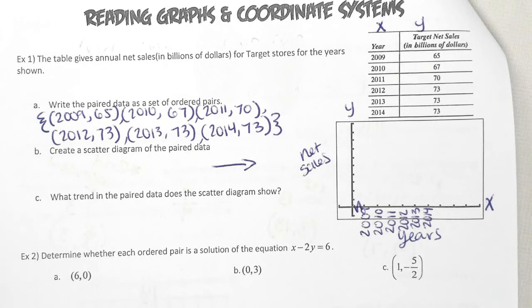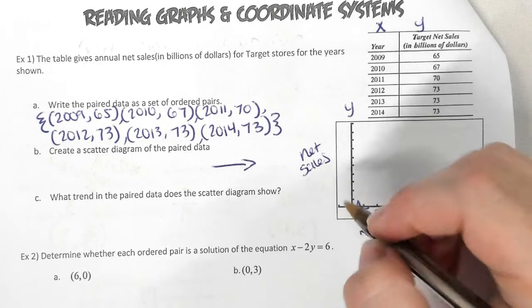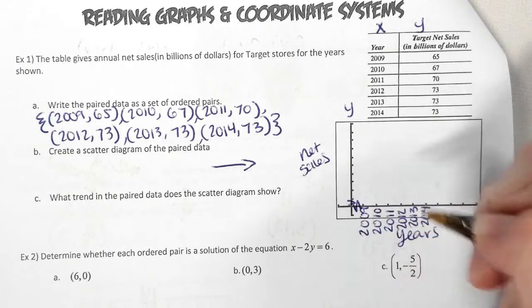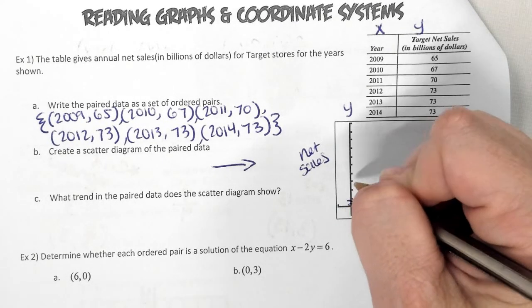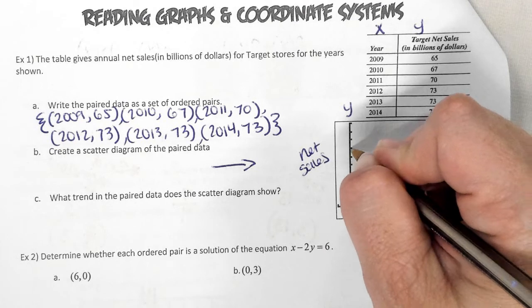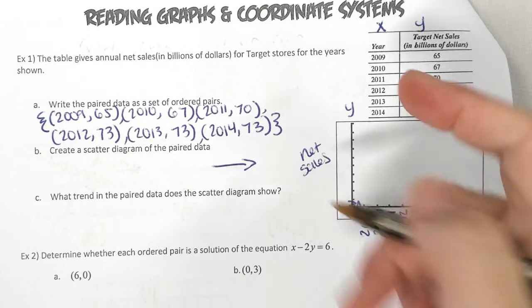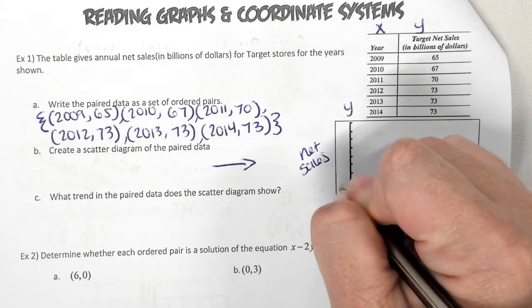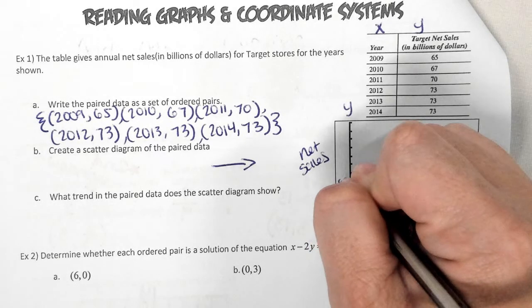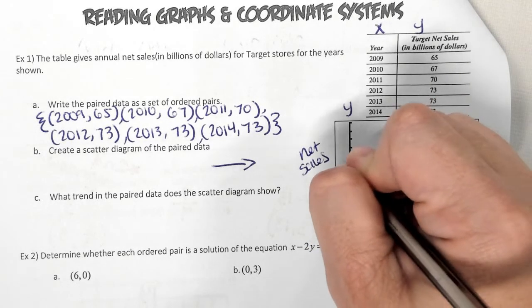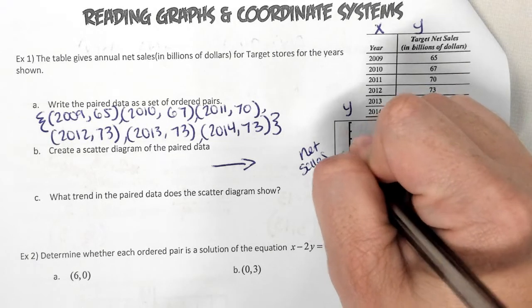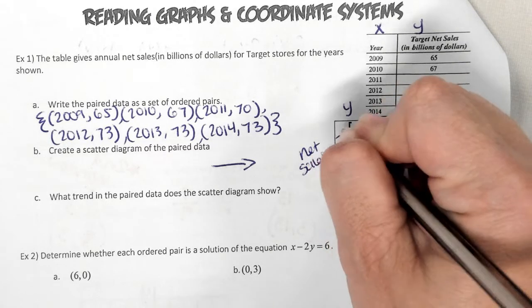So again, we don't want to start at 0, so we have our zigzag, and it goes 65, 66, 67, 68, 69, 70, 71, 72, 73. So I can fit all of my numbers in there.